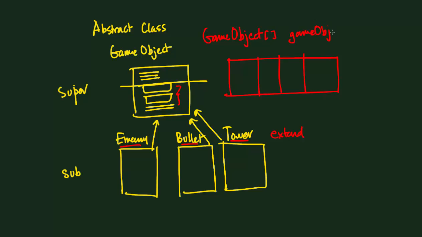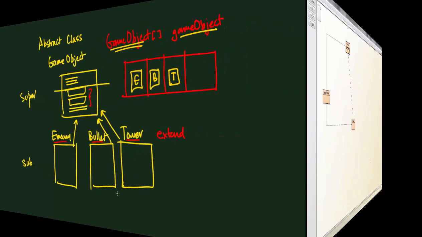Now I can pack this with any kind of game object that I choose. For instance, I can put in an enemy object, a bullet object, or a tower object, because they all extend GameObject, even though my array is of type GameObject.